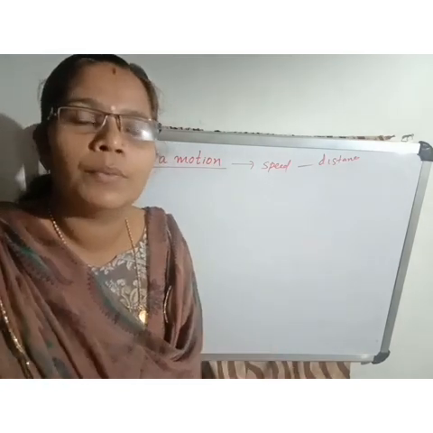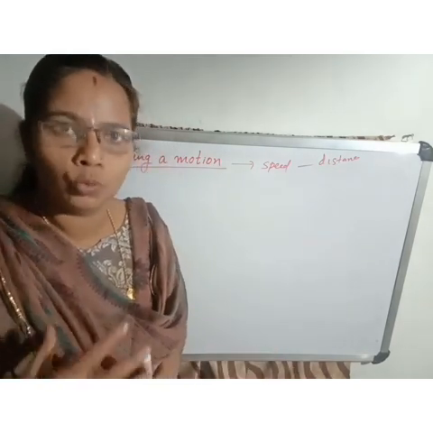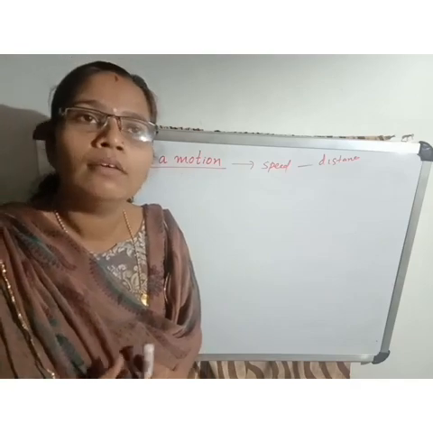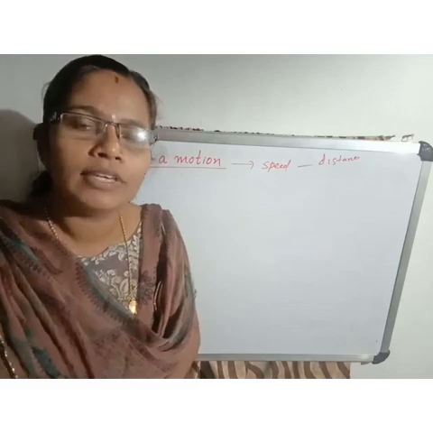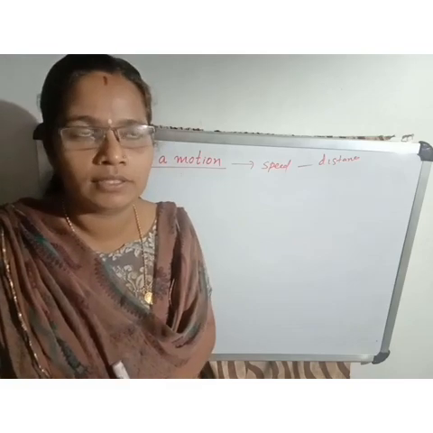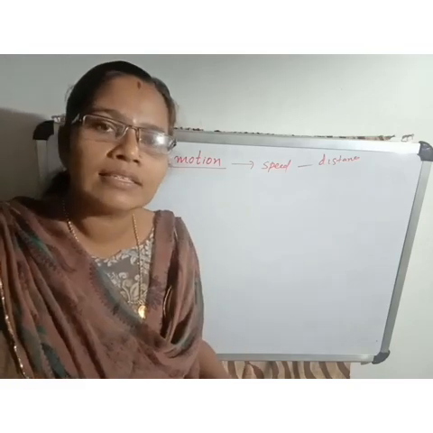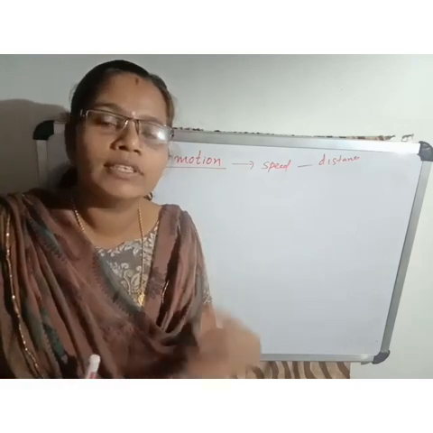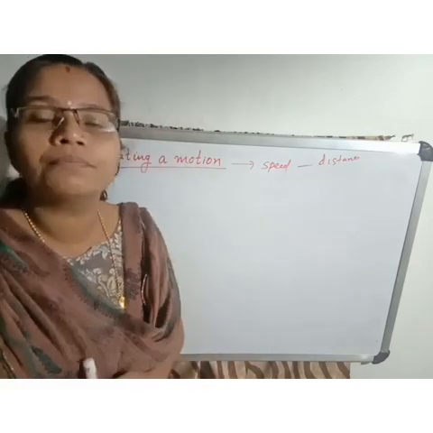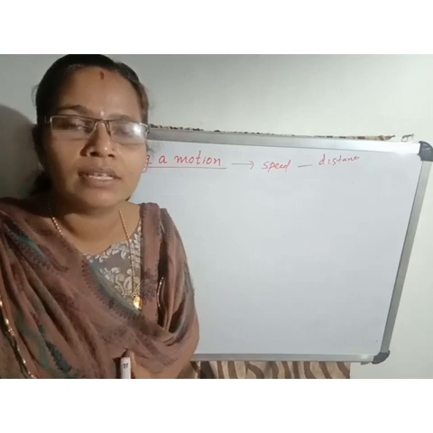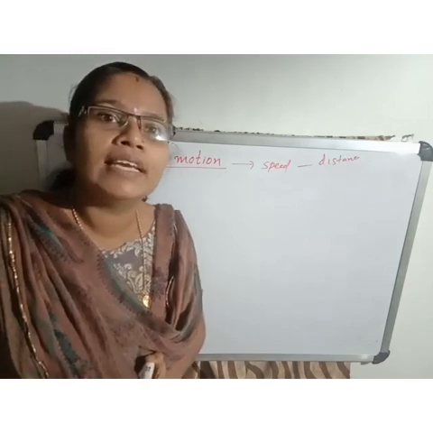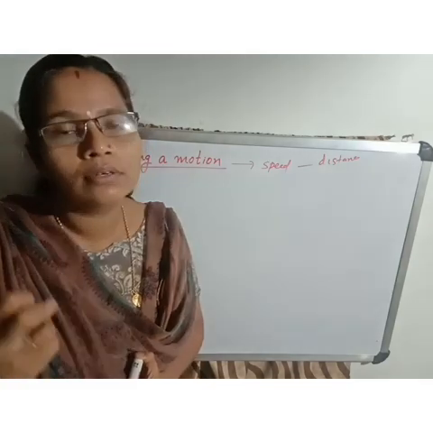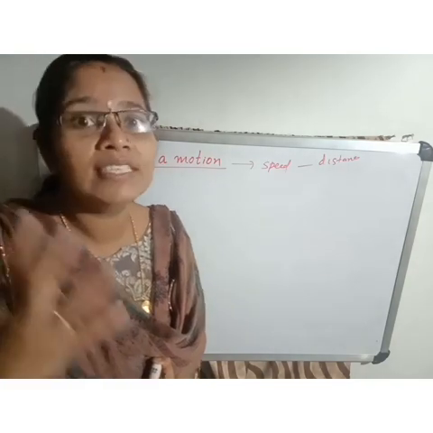In the same example, two persons A and B went for a morning walk and covered a distance of 8 kilometers. A covered the 8 kilometers in 10 minutes, and B covered the 8 kilometers in 20 minutes.